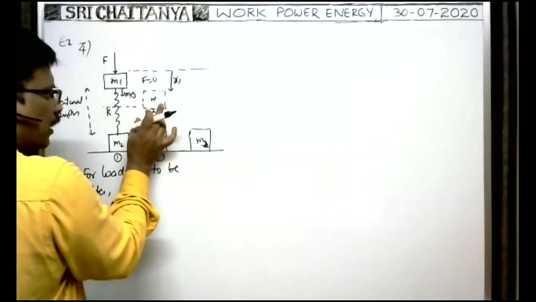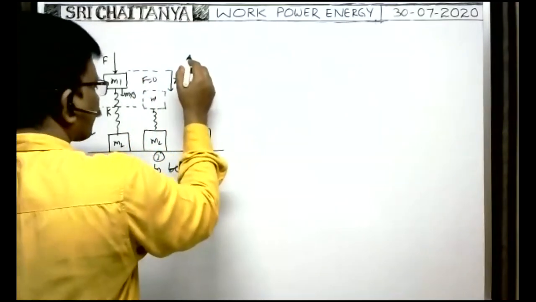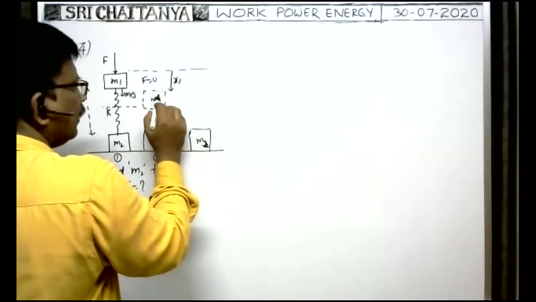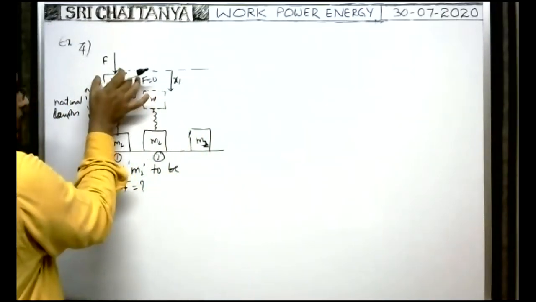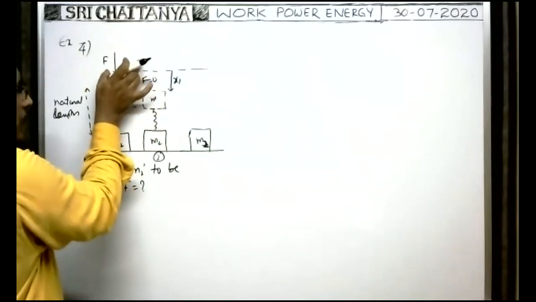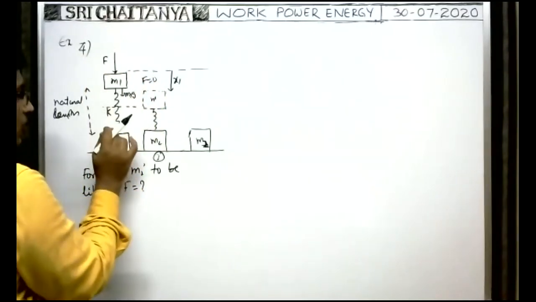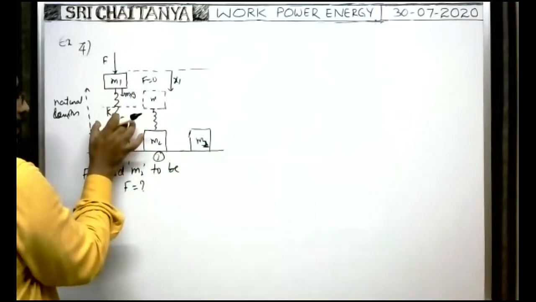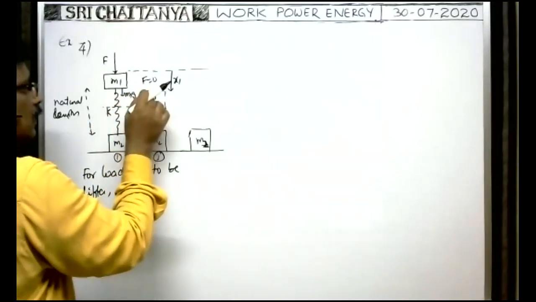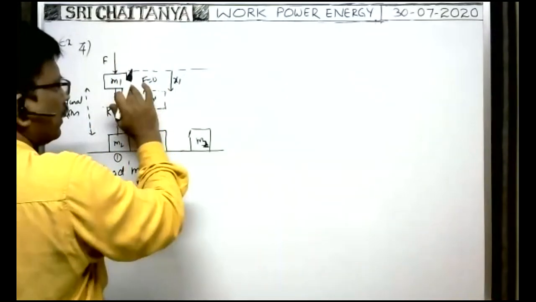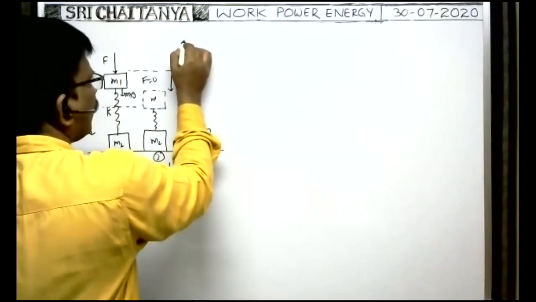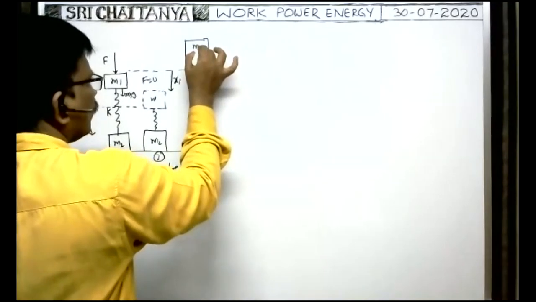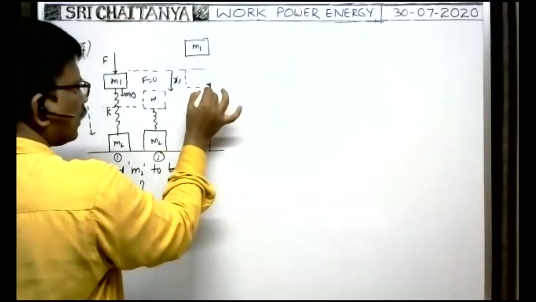For the block M2 to be lifted, note that if the block comes back to the initial position, there is no lift of M2, because the spring returns to the unstretched condition and no force is developed.